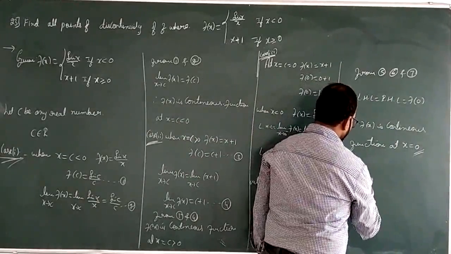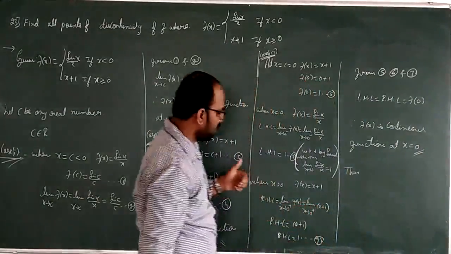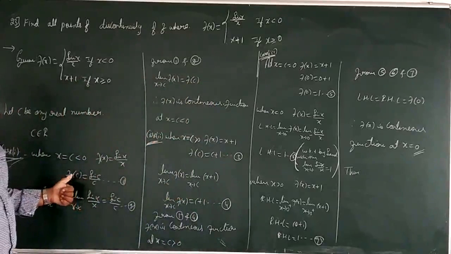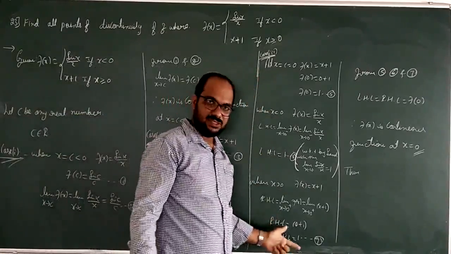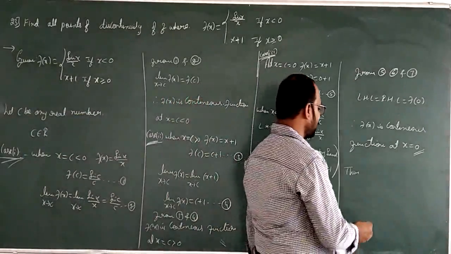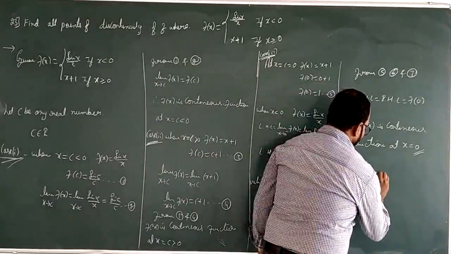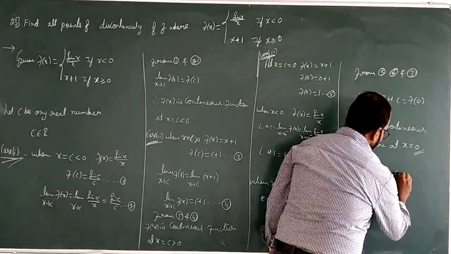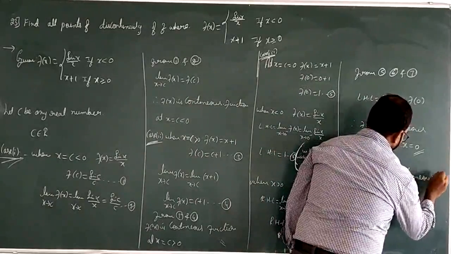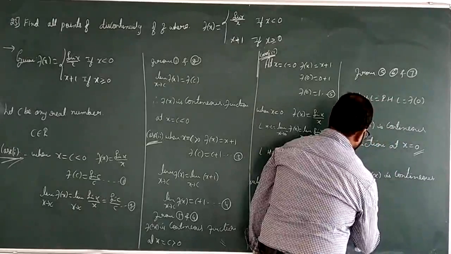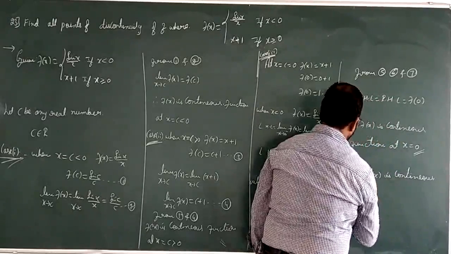Thus, finally conclude. When x is less than 0 it is a continuous function, when x is greater than 0 it is a continuous function, at x is equal to 0 it is a continuous function. Thus, f of x is a continuous function. Therefore, there is no point of discontinuity.